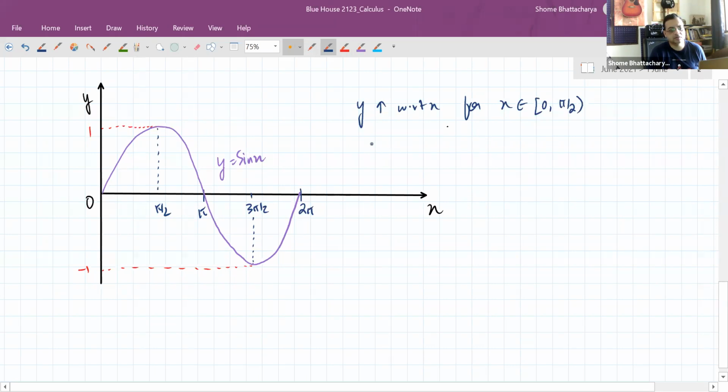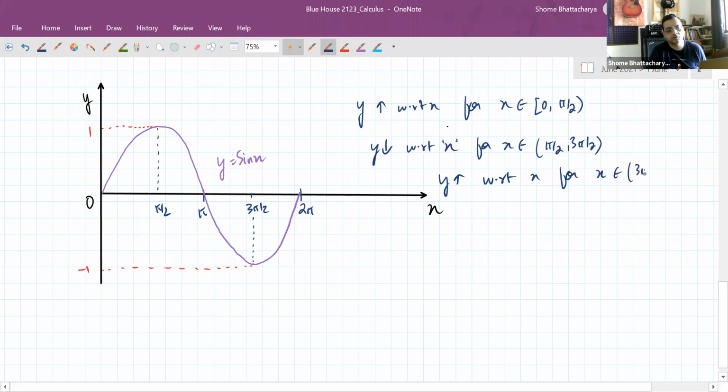Then y decreases with respect to x for this entire thing from pi by 2, so not including pi by 2, but open interval pi by 2, up to this point where it's become minus 1, so 3 pi by 2. And then again, you can see that y increases with respect to x for the last part, that is 270 or 3 pi by 2 going up to 2 pi.